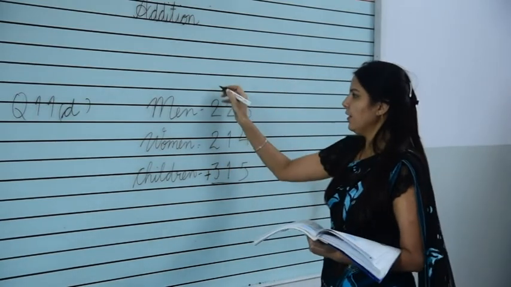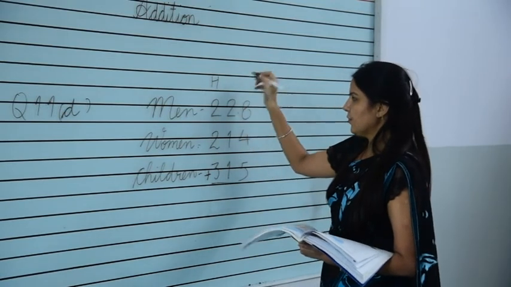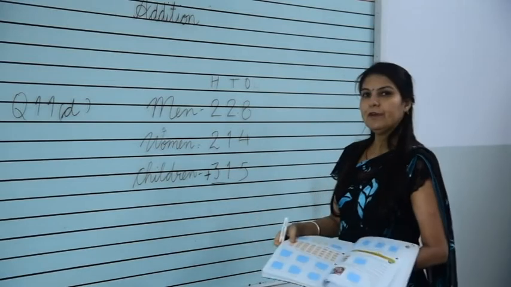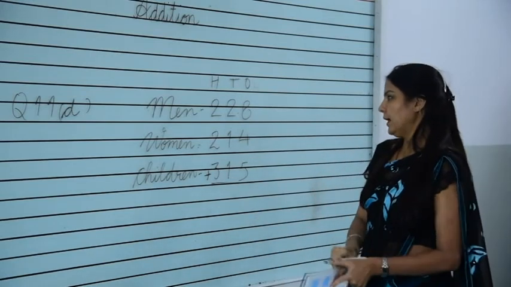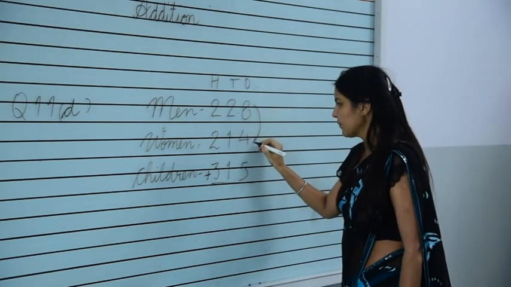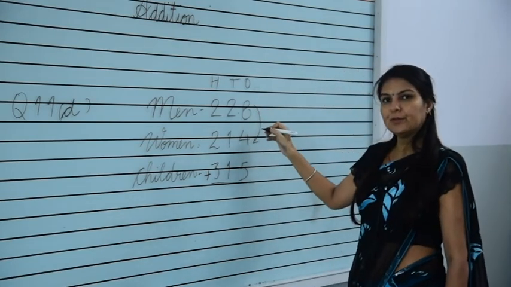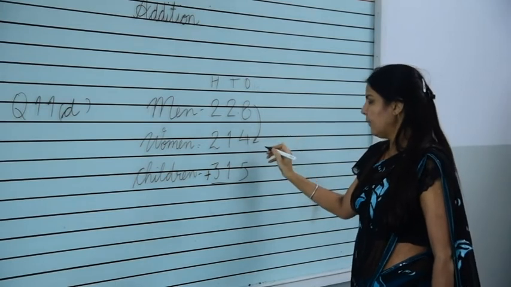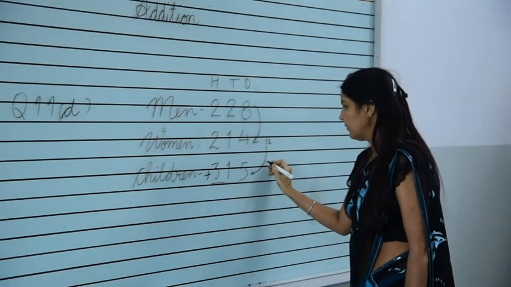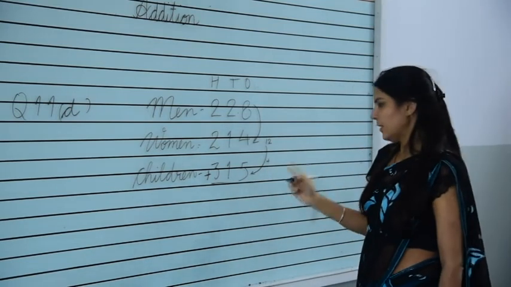You know how we will add? This one is for hundreds, this one is for tens, and this one is for ones. First of all, we will add these two digits. 8 plus 4 will be 12, and after getting 12, we will add 5 to the 12. It will become 17.